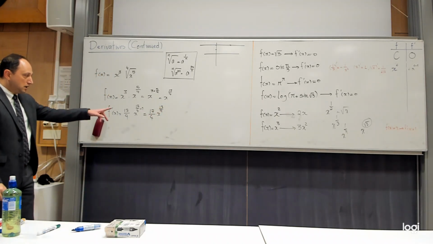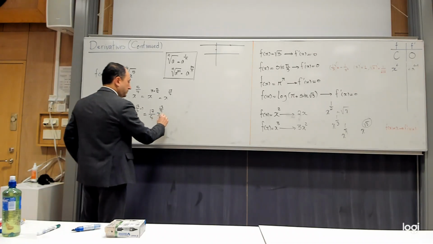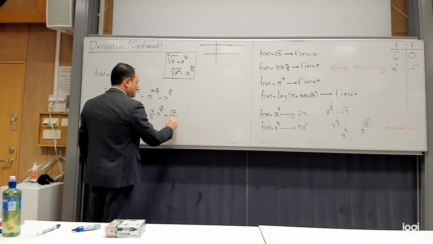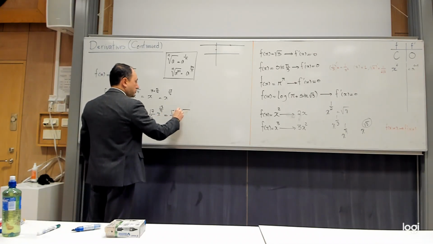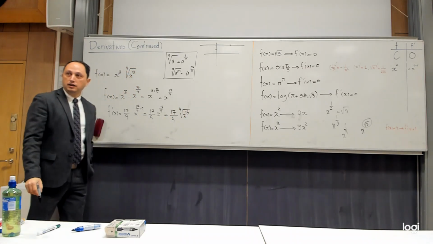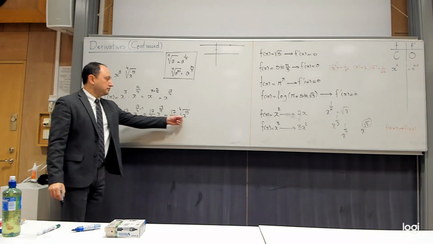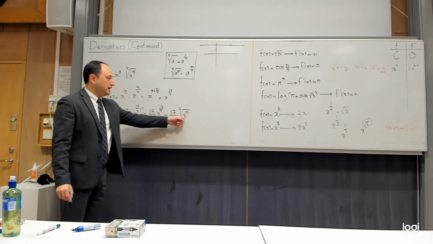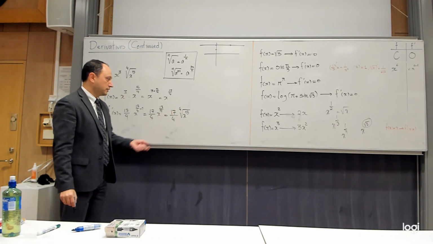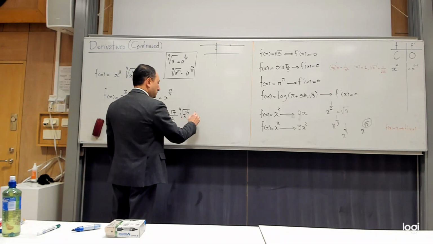Yes? That is enough for me, but if you want to simplify things, you can continue and write it as the fourth root of x to the power of 13. But usually, take as many things as you can out of the root sign, yes? So what can I do here?